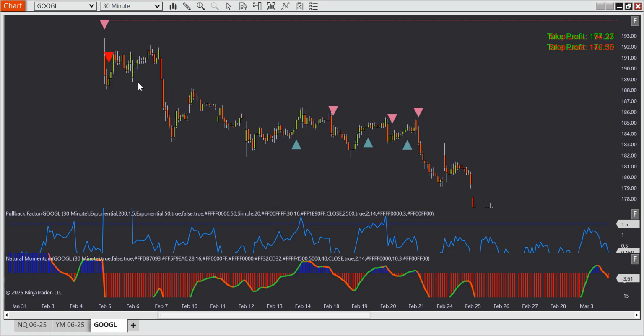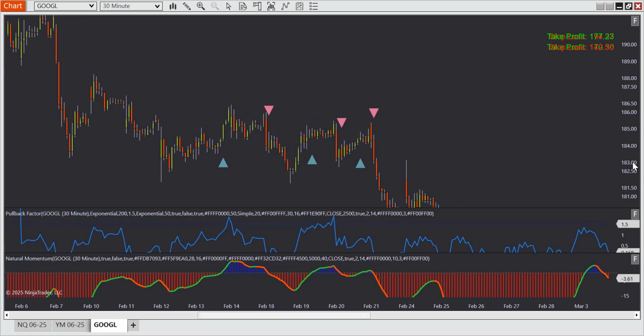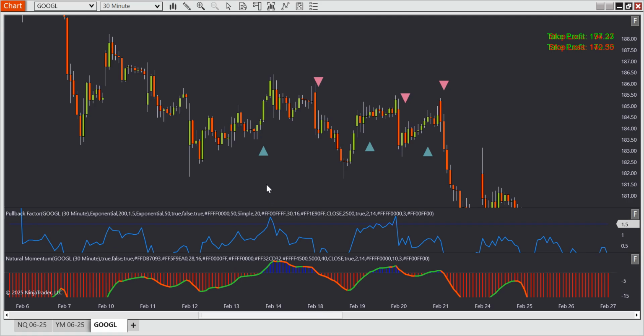And so we know we're in a downtrend. Pullback factor is giving us a sell signal here. Moves down, lower highs and lower lows. And so one thing to look for if you're going to pair these two together: as we have this move up, we are also having the pullback factor go above 1.5, and correlating with that, as the momentum in the natural momentum indicator is going up, we have it turning from green to red.